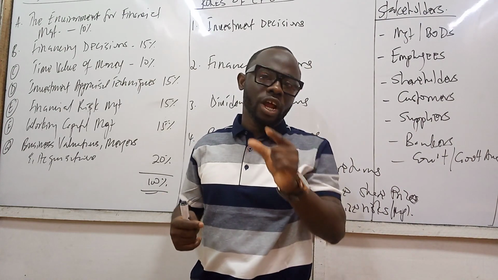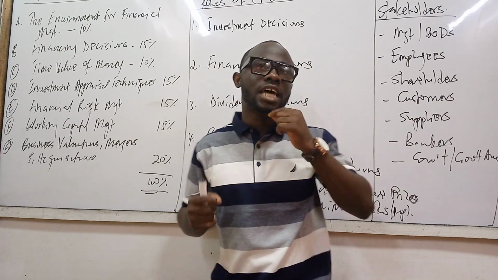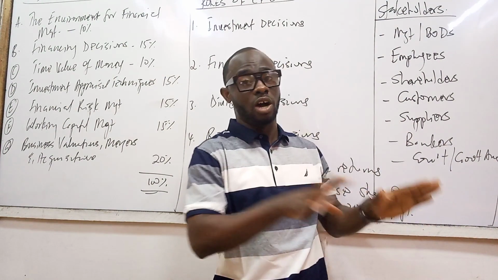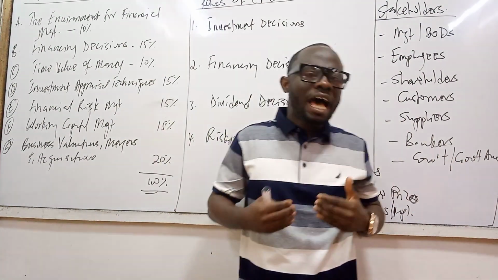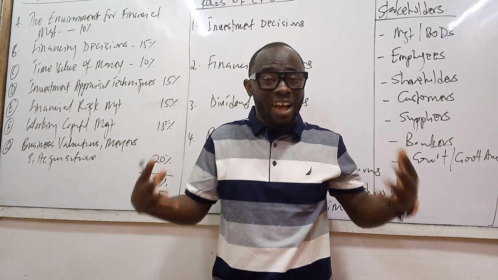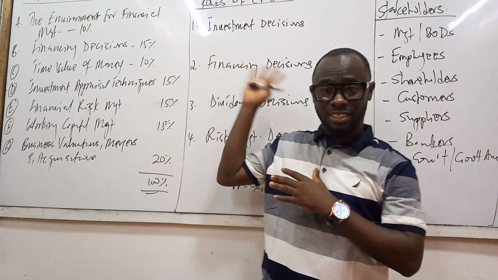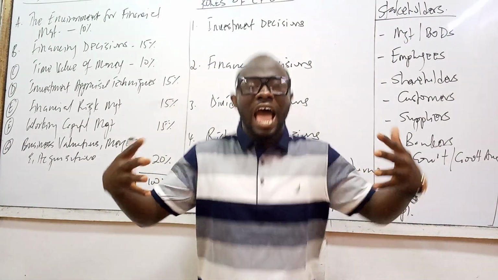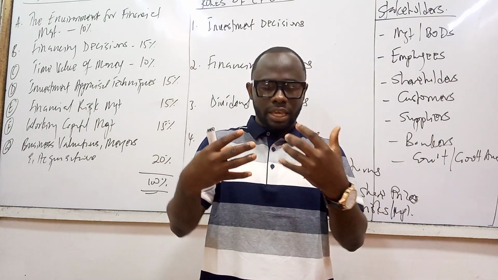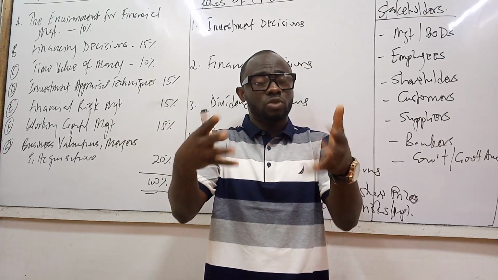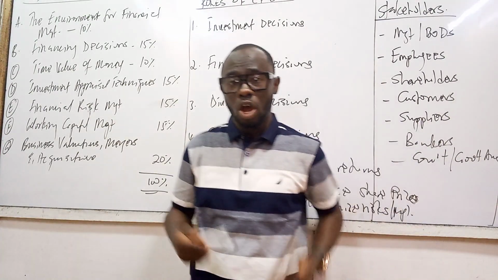Now, as you can see from what I just went through with you, each of these stakeholders has their own objective. It is the objective of the organization, management and the CFO to find out how they can actually bridge the gap. This is where there is going to be conflict of interest. Why?